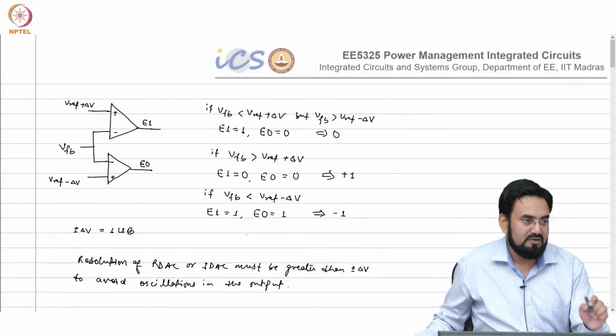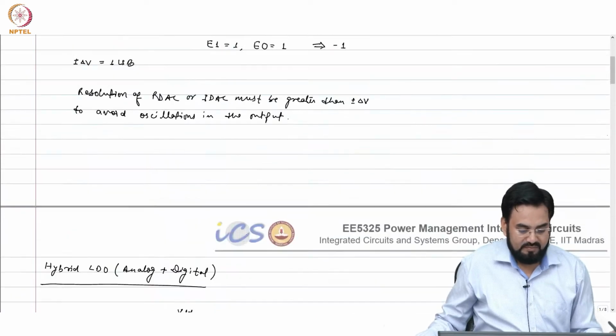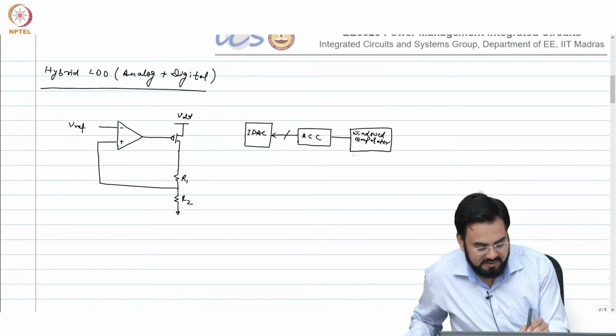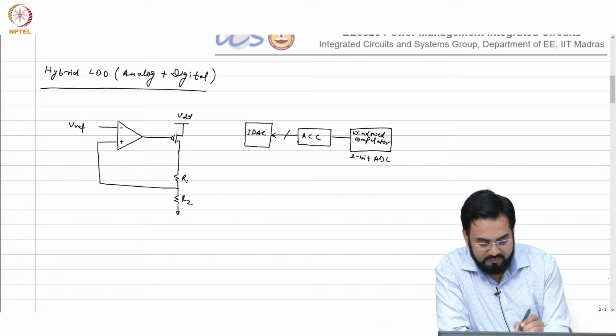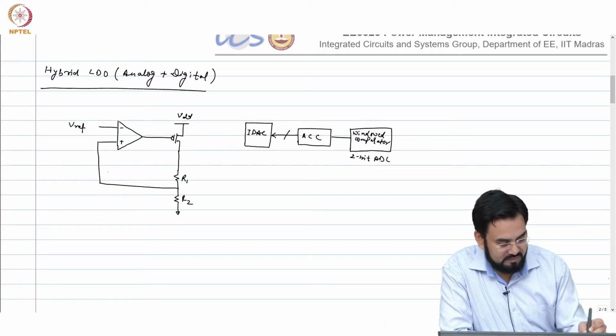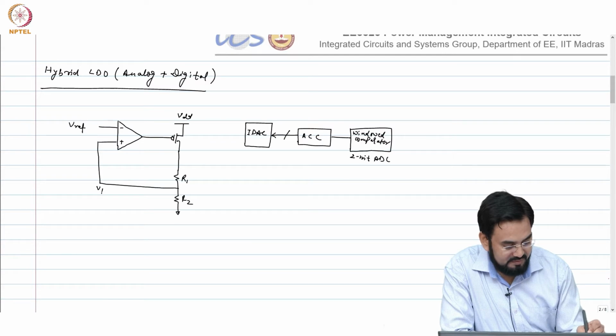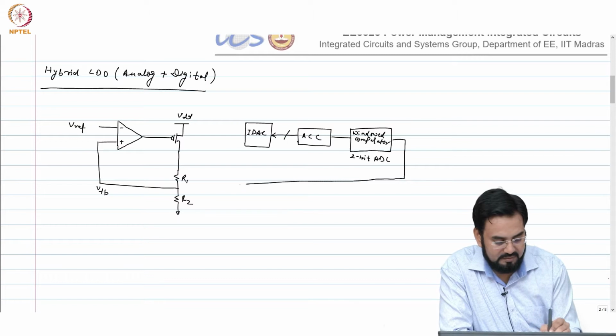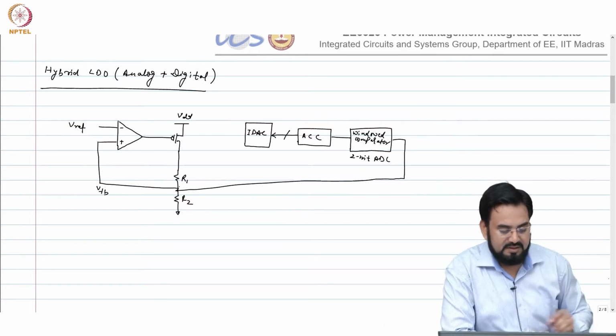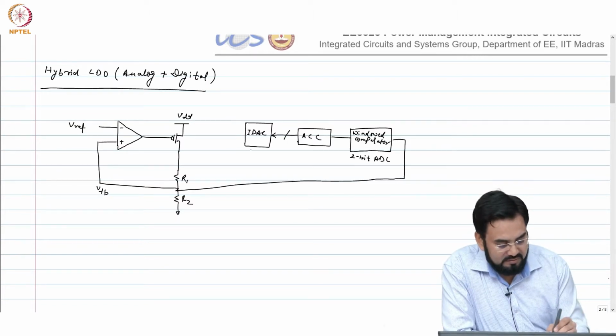So, this is windowed comparator, okay, which is nothing but 2-bit ADC, correct. This is your VFB. So, the same VFB will go here, okay. Now, let us say this is your load.